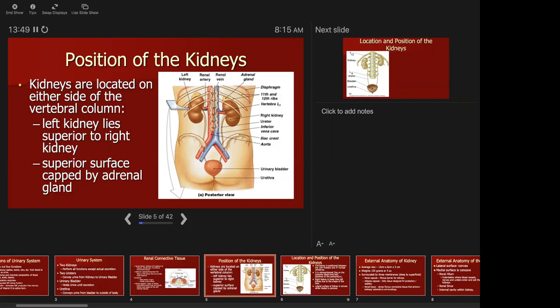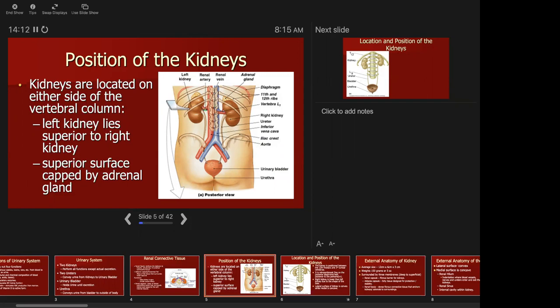Because the aorta is adherent to, touching, the posterior abdominal wall. So the vein cannot pass posterior to the aorta. So it passes anterior to the aorta. So that is one clue that can help you.